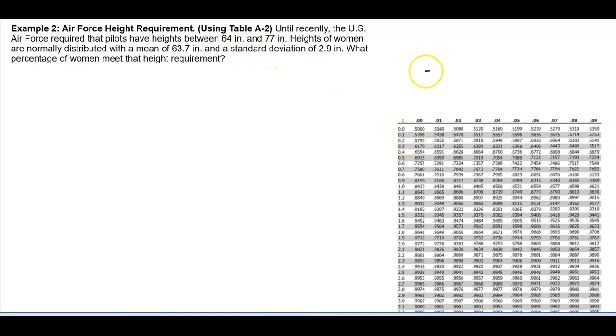So the first thing we want to do is create our bell curve and draw a picture so we can shade the region that we're looking for. We know that our mean is given to be 63.7 inches. We have a value of x that's going to represent 64 inches, and another value of x that's going to represent 77 inches.